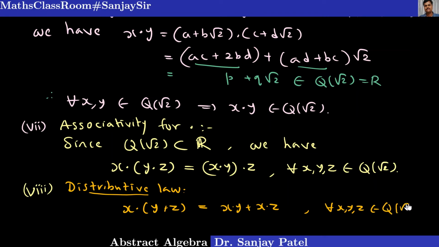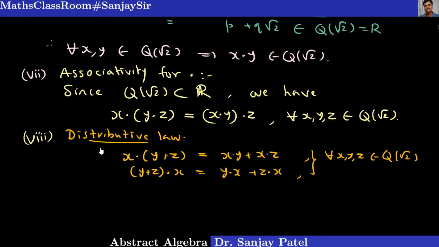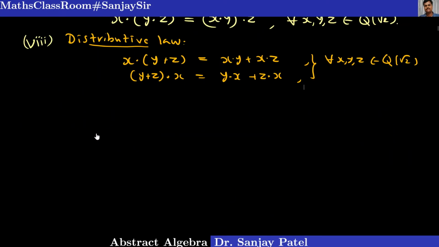So the multiplication of real numbers is distributive over addition. So the left distributive law as well as the right distributive law both are true. So we can write that both conditions are true for every x, y, z belongs to Q root 2. So we have checked all the 8 properties or axioms for the definition of ring.